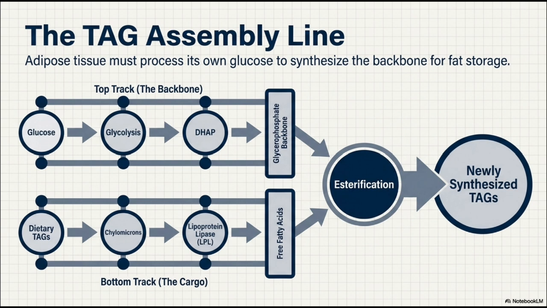It's coming from DHAP from glycolysis. So remember, adipose tissue picks up glucose. It's using glucose for its own energy needs. So it will have an ample supply of DHAP and glycerophosphate as a result. And that's the backbone used to esterify fatty acids from the diet or from de novo synthesis from VLDL, and you increase TAG synthesis.